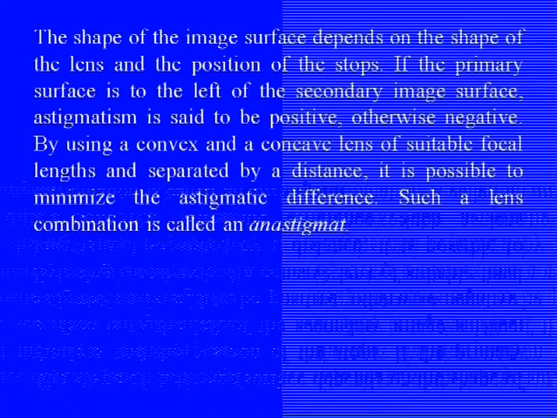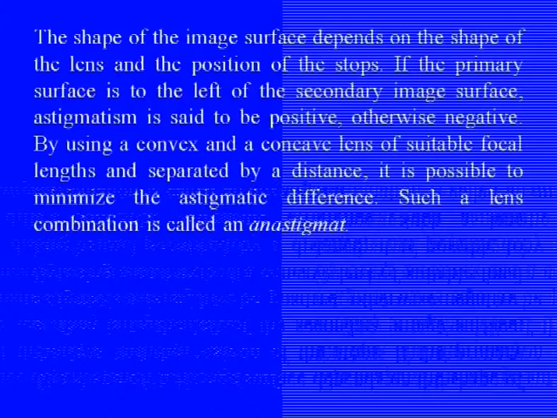If the primary surface is to the left of the secondary image, astigmatism is said to be positive, otherwise negative. Now, by using a convex and a concave lens of suitable focal length and separated by a distance, it is possible to minimize the astigmatic difference. Such a lens combination is called an astigmat.